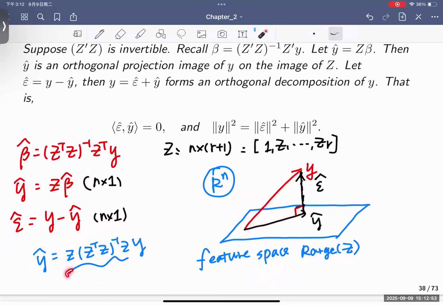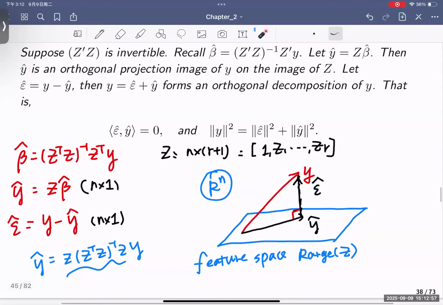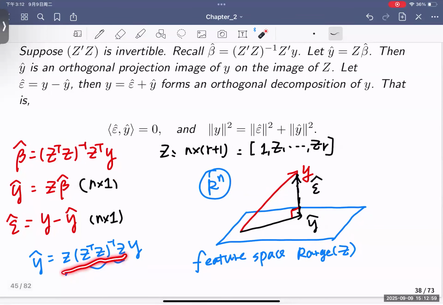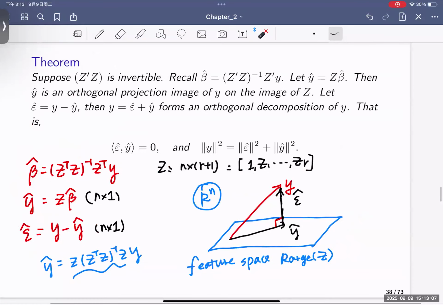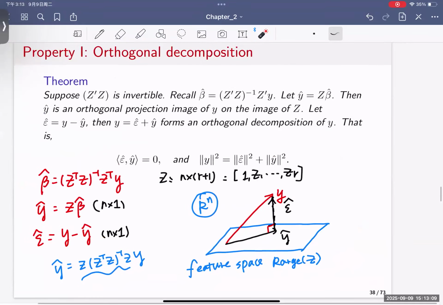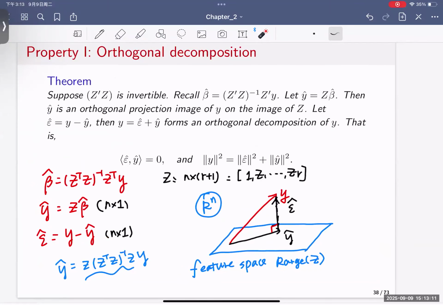This answers our question. The projection just stands for the projection terms we mentioned. This is a common geometric understanding of least squares: it just does this type of orthogonal projection. So this is the first property, and it's actually very easy to understand.